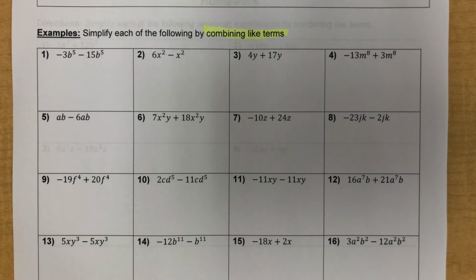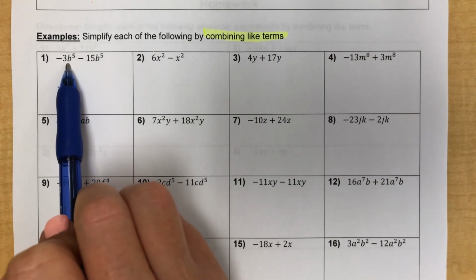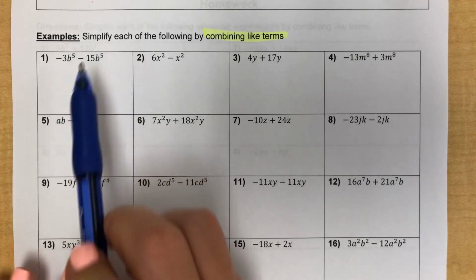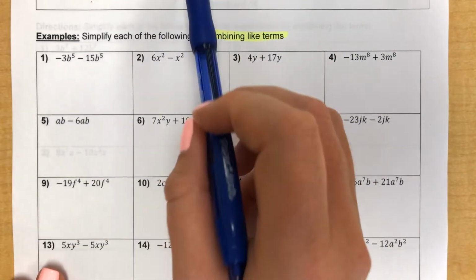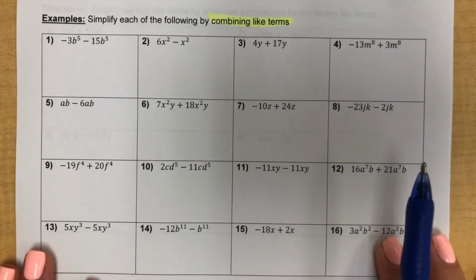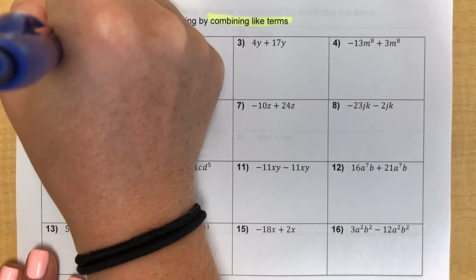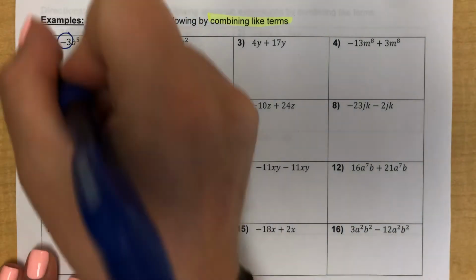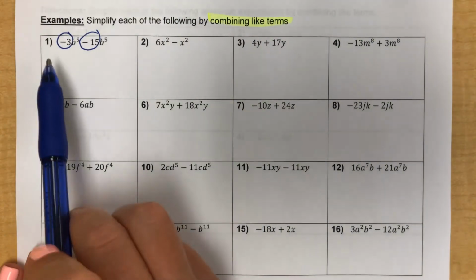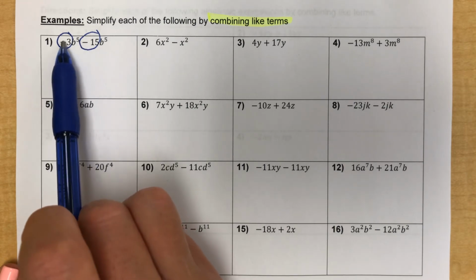So if I look at number 1, first I have to decide if these are like terms. They are. I have b to the 5th, and again, b to the 5th. So I'm going to go ahead and follow these rules up at the top. All right, so number 1, I can see that I have a -3 as my coefficient here, and this is a -15 as my coefficient here. Well, now that I've identified that they are like terms, I just combine my coefficients.